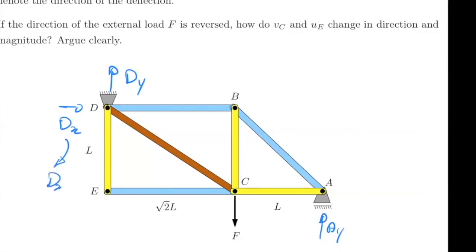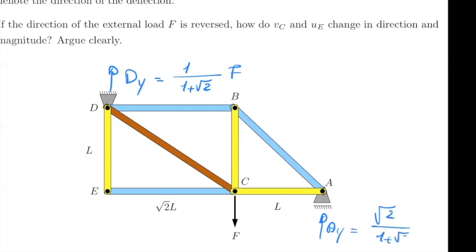So dx is 0. You don't even really have to calculate it. Then you have dy and ay. So you write the equilibrium of forces in the y direction and equilibrium of moments, and you calculate that. If you do that, then dy would be 1 over (1 plus square root of 2) times F, and ay would be square root of 2 divided by (1 plus the square root of 2) times F.